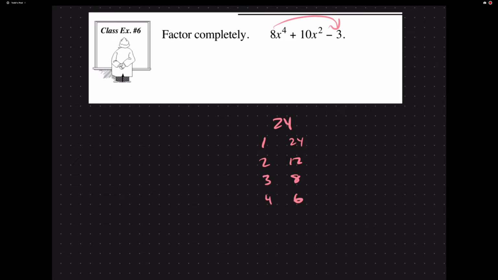The numbers are going to subtract. The signs are different. It's going to equal 10, and the larger number will be positive. So 12 minus 2 is going to be 10, and the 12 will be positive, the 2 will be negative.